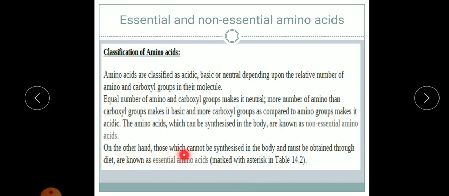On the other hand, there are some amino acids which cannot be synthesized in our body, and they must be obtained through our diet. Those are known as essential amino acids. So remember that in the table I have given you, the amino acids marked with an asterisk are essential amino acids. That means these amino acids cannot be synthesized in our body and we need to take them through our diet.